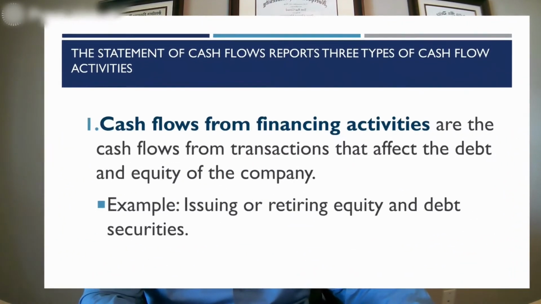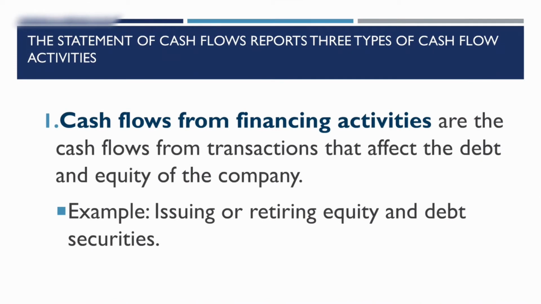So the last one is cash flow from financing activities. And this is money that I'm either borrowing or I'm paying back. So, issuing or retiring equity and debt securities. But in general, what we think of here is, if I go to the bank and I say, hey, I need $100,000 to buy this piece of equipment, the bank is going to give me the $100,000 to buy the equipment.